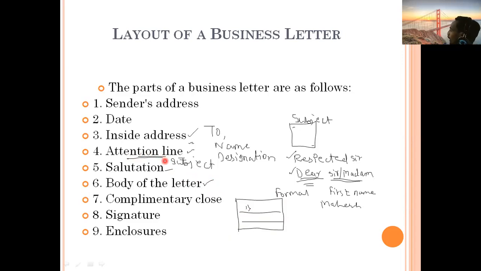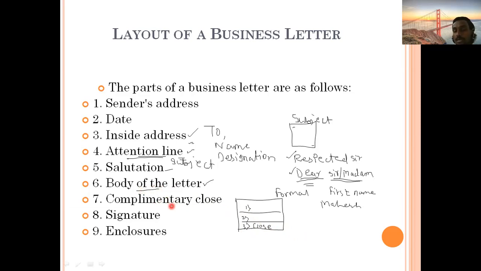Later you are going to write about it. In the second, you are going to mention that in detail. Okay. And in the third paragraph, you are going to close your letter. Maybe if it is an inquiry, an order, a complaint, based on your content, you are going to ask for them. So minimum 3. It can be more or less also, but this is the way you are going to develop your body of the letter.